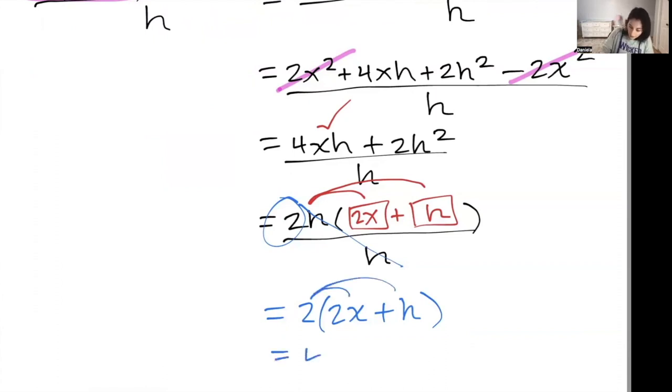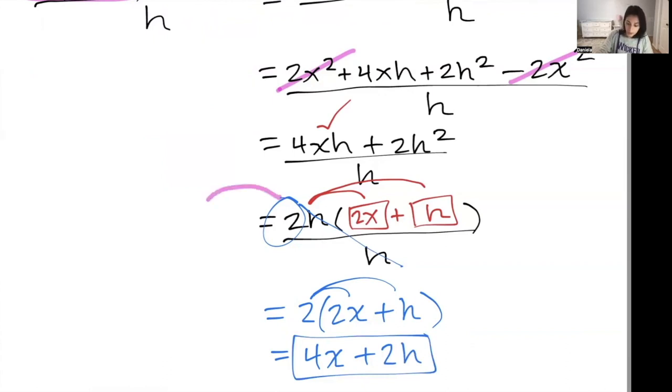So that final answer should just be 4x plus 2h, okay? So this is really the more simplified version. Technically speaking, as I'll just repeat, the numerical value of the GCF, you don't have to pull that out, but definitely the h you'll have to, because those will end up canceling out.